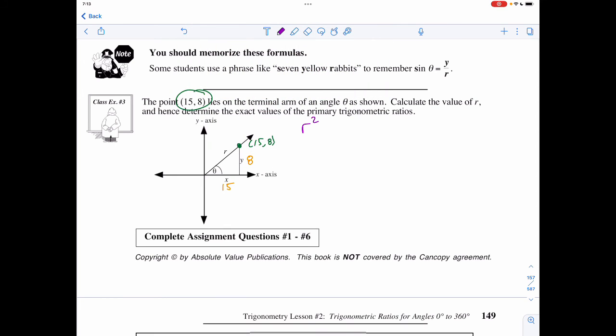So r squared is going to equal 15 squared plus 8 squared. Well, 15 squared plus 8 squared is going to be 289. And r is going to equal the square root of 289, which is actually a perfect square. It's just going to be 17.